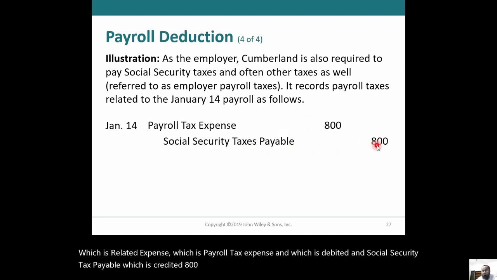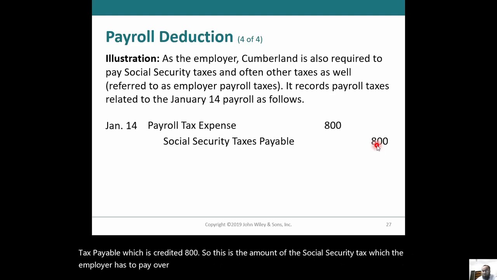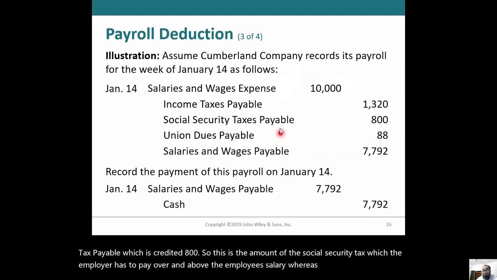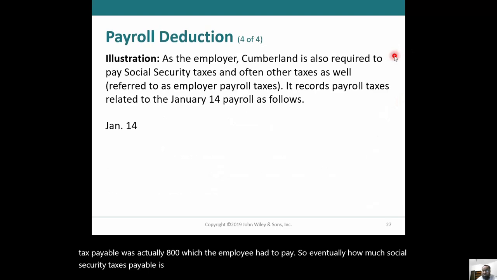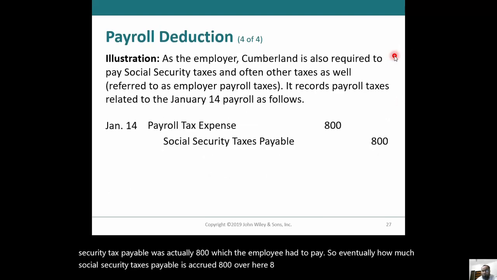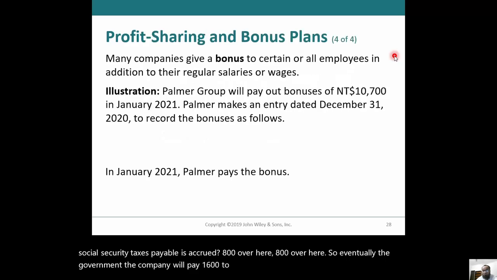So this is the amount of the social security tax which the employer has to pay over and above the employee's salary, whereas the previous social security tax payable was 800, which the employee had to pay. So eventually, 800 over here and 800 over here is accrued, and the company will pay 1,600 to the social security institution.